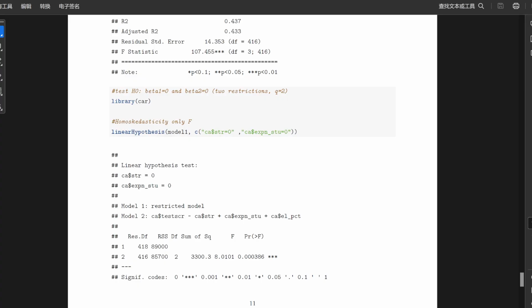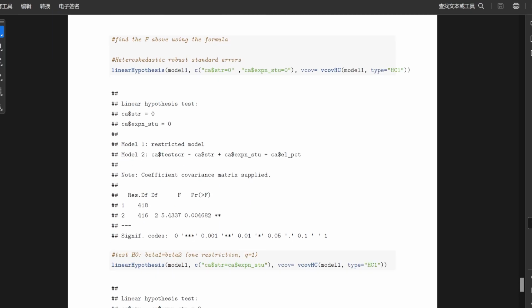So we can tell at least one of them is not 0, and you can reject the null hypothesis. And this will give you the heteroscedasticity-robust standard error. You should always try to use this code. You can have the options here, so it's very convenient. The only difference is you add this part.